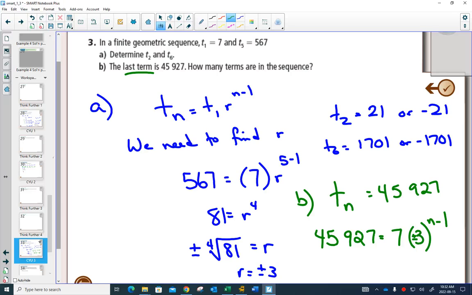How do I solve for n? Well, if I divide both sides by 7, go to my calculator, 45,927 divided by 7, I get 6561.